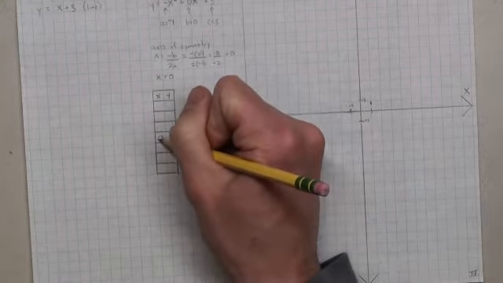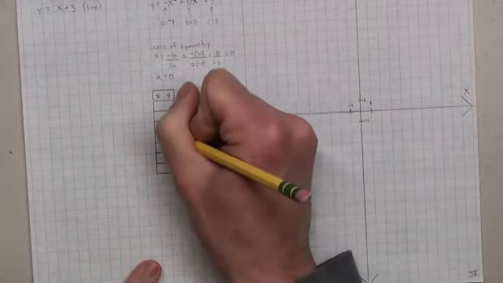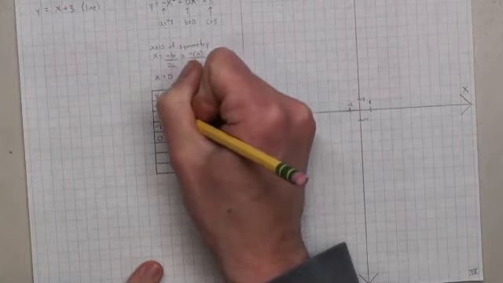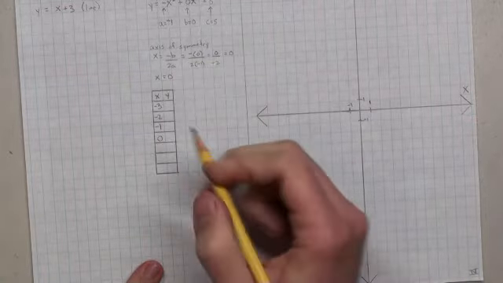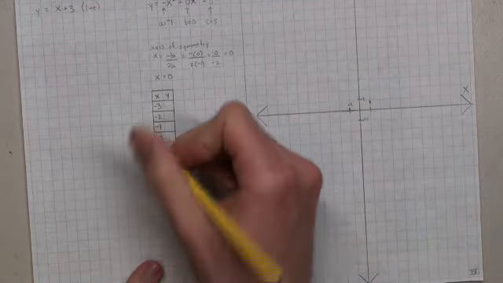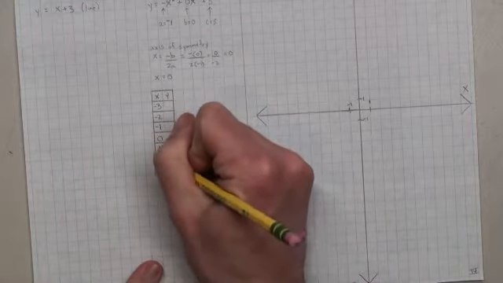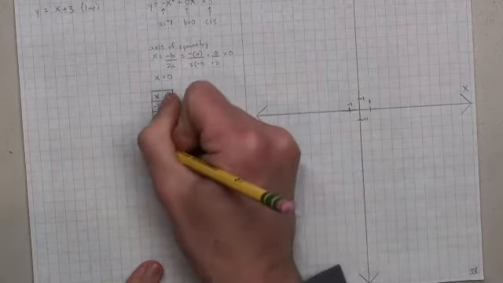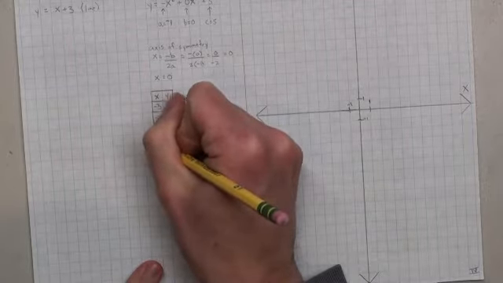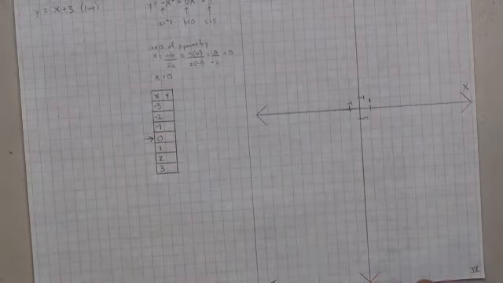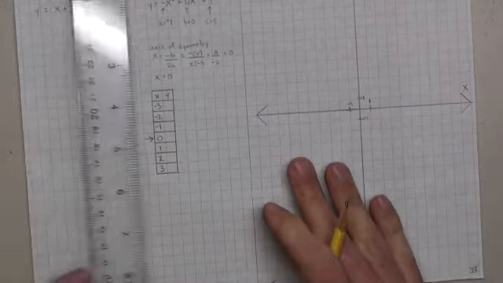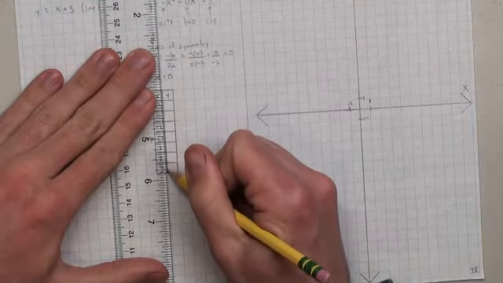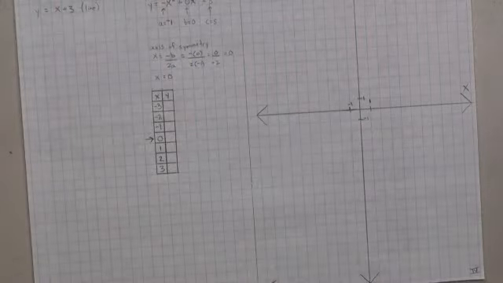I'm going to go from 0, subtract 1 to get negative 1, subtract another 1 to get negative 2, and subtract another 1 to get negative 3. And then I'm going to go the other way and go up. So I'm going to add 1 and get 1, add 1 and get 2, add 1 and get 3. And I'm going to put an arrow pointing at my axis of symmetry value. Oh, don't forget this line down the middle of your table to separate the x's and the y's.